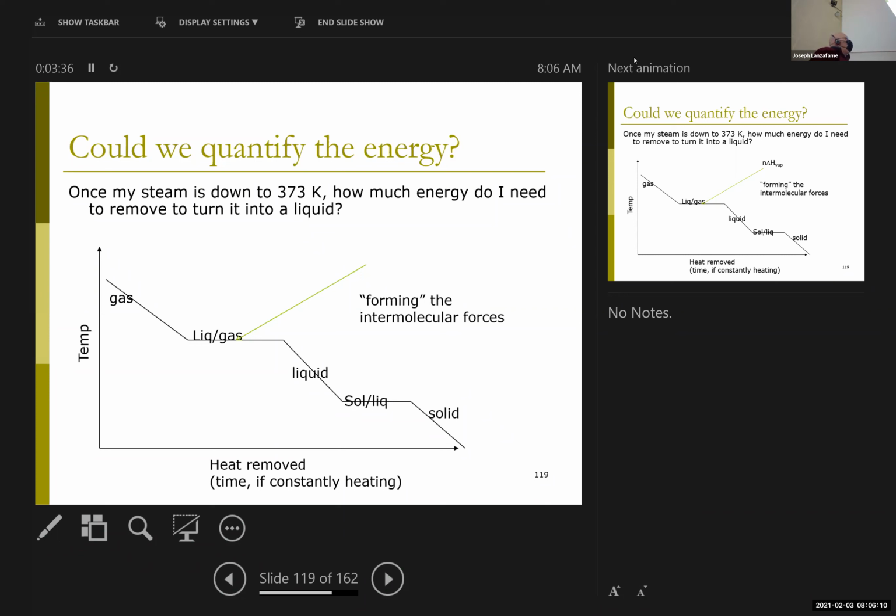And so again, there's no way to start at the beginning and go straight to the end, right? Because each step along the way is uniquely different, especially depending on what the specific material is. This is water. If it was always water, you could probably come up with an equation that would do it, right?